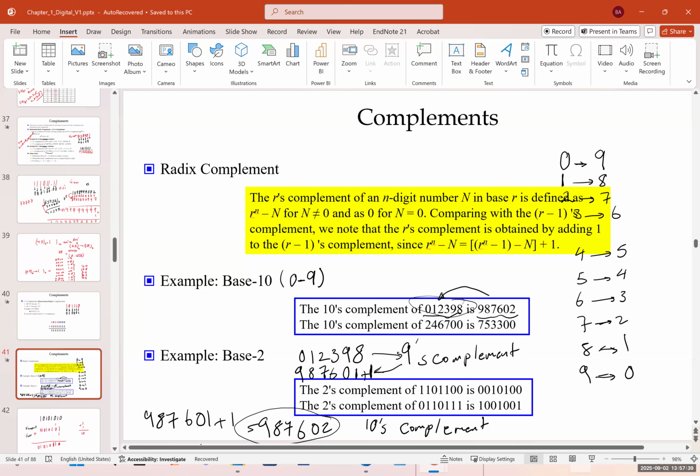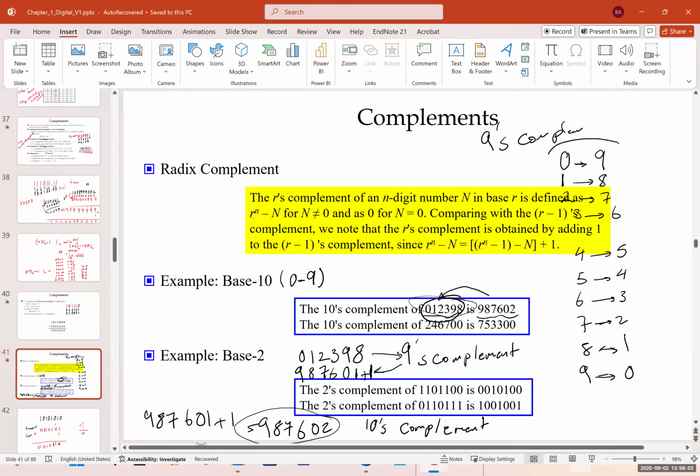Okay. And maybe I haven't explained this clearly. The easiest way to find the n's complement is to always find the (n minus 1)'s complement. This here that I mentioned is the 9's complement: the 9's complement of 0 is 9, and so on.